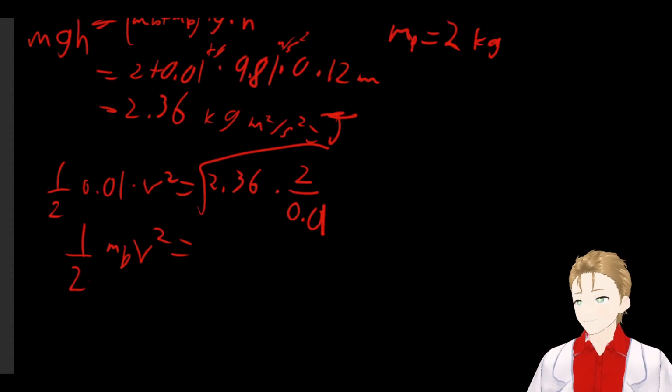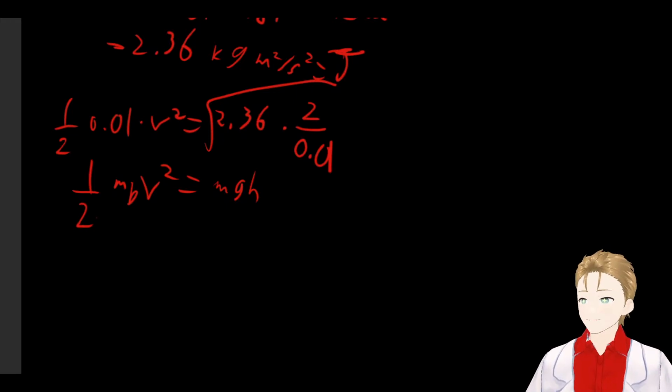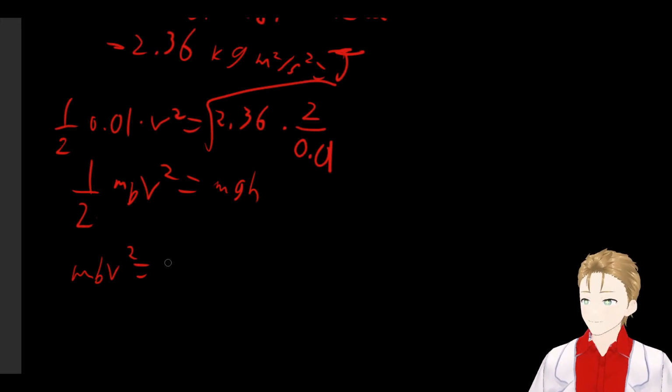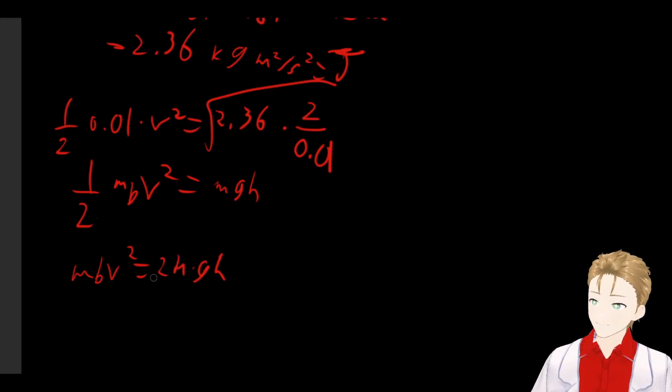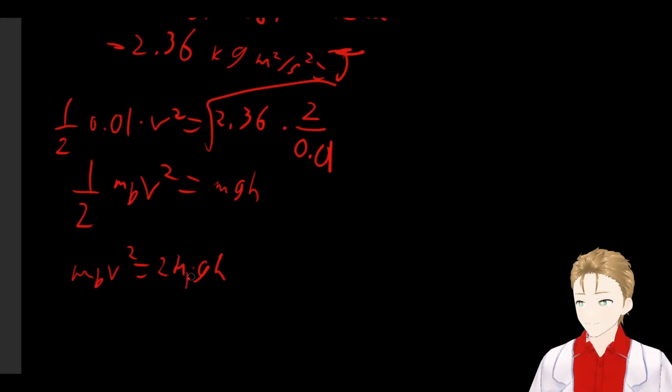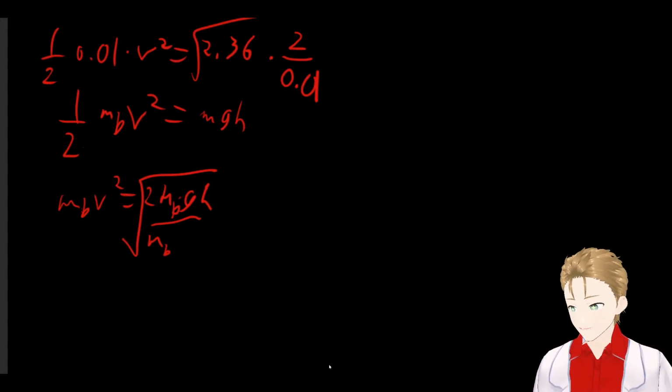We need to keep... No, ignore that. m_b v squared equals 2 m g h, divided by m_b plus m_p, square root. Maybe that'll give me what I want.